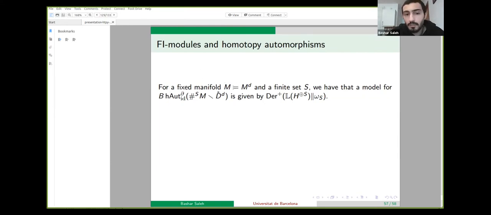For a fixed d-dimensional manifold and a finite set S, a model for the classifying space of the identity component of the boundary relative homotopy automorphisms of the S-fold connected sum of M minus a disk is given by a DG Lie algebra of this form.